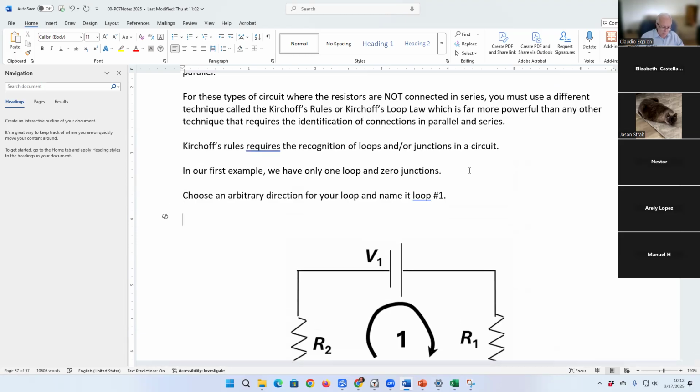In this problem, the parameters V1, V2, R1, and R2 are known.